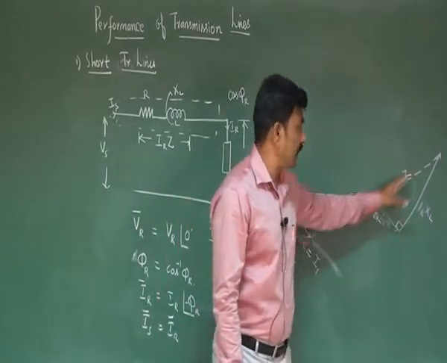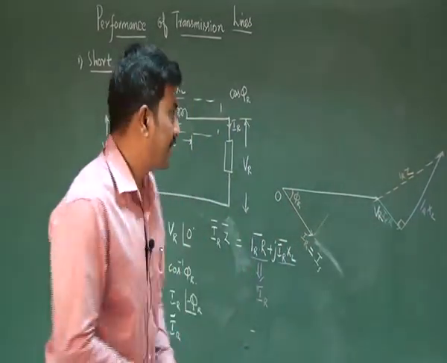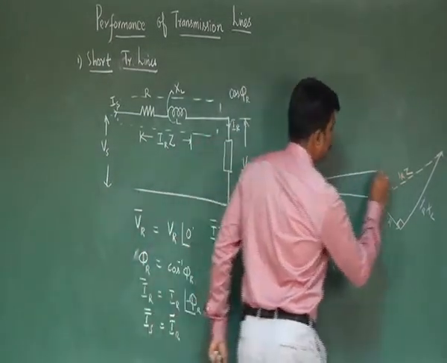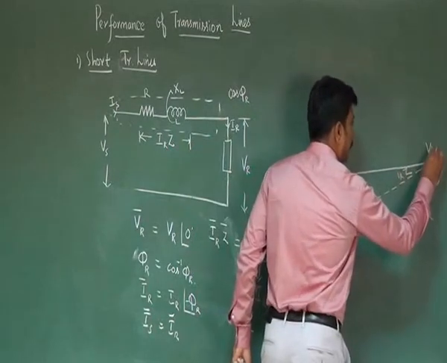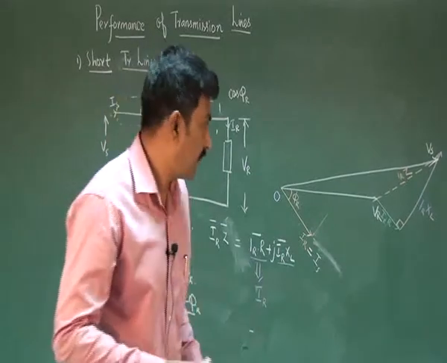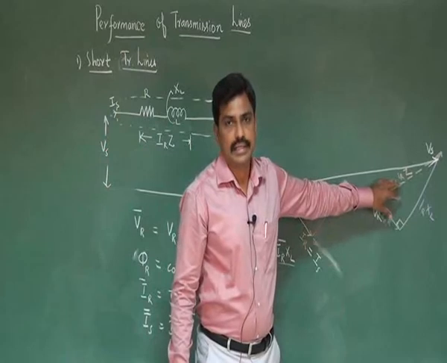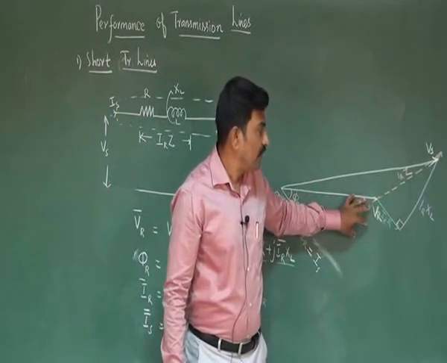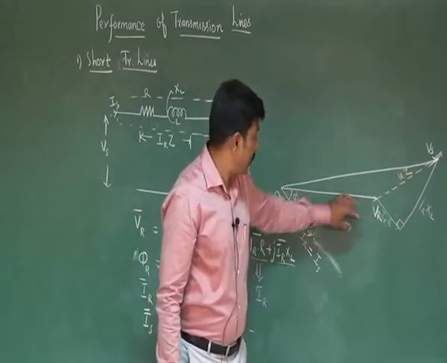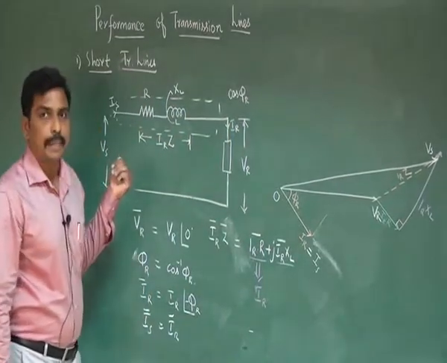So when you combine these two vectors, simply you can get the vector of Vs. Vs is the vectorial combination of the reference voltage VR and IRZ, the voltage drop across the series impedance. The voltage across the load VR together with it will give you the sending end voltage Vs.